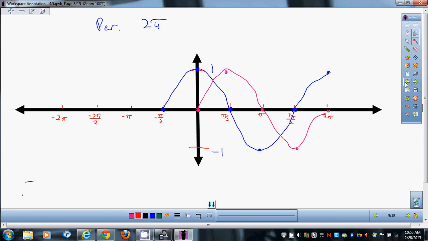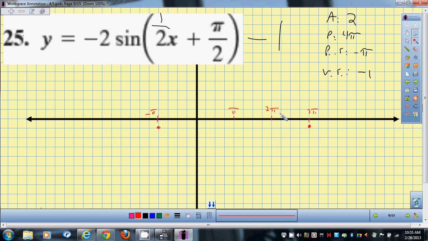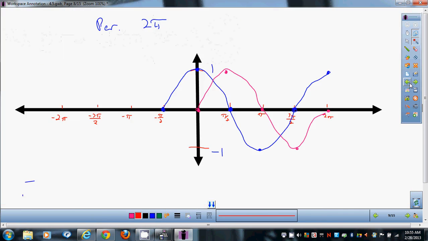However, who remembers what a negative in front of a function does to a function? It flips it. So instead of being up and then down, it's going to go down then up. This is why we talked about our max and min earlier. Didn't we say we were going to go 1 to negative 3, right? My scale is really off. So let's go like 3 units for 1.